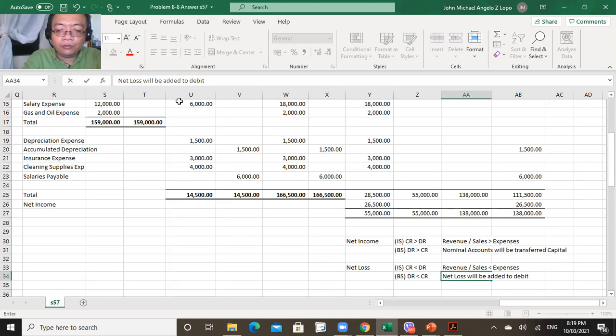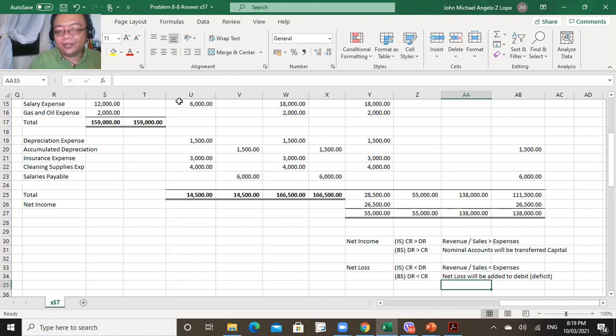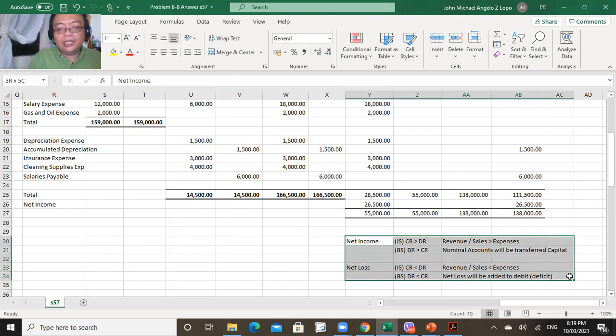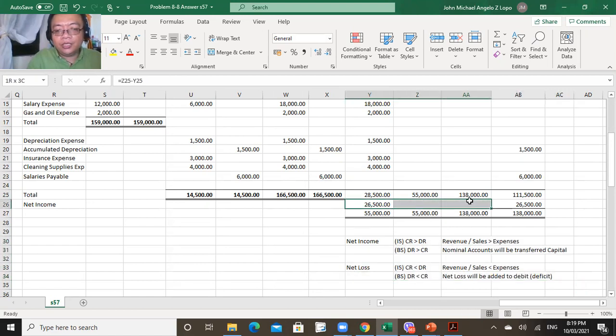Because of the net loss, meaning the deficit, that's why the debit is less than the credit side. This is the reason why you have this. Meaning this is your net income.